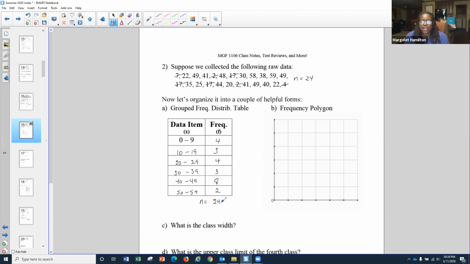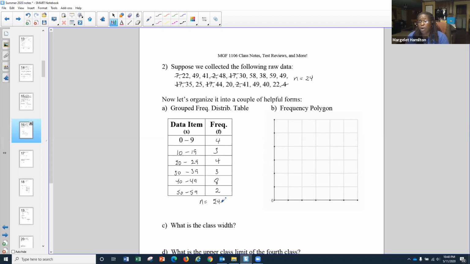All right, so now that we've put our values into our frequency column, in your homework, you may be asked to do a cumulative frequency. All right, so what you're going to need is to know how to do a cumulative frequency. And that is just simply adding up your column, so to speak, to find out how many values you have, or how many data items you have at a certain point.